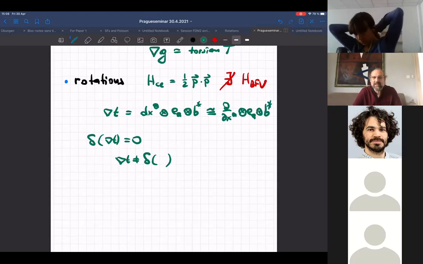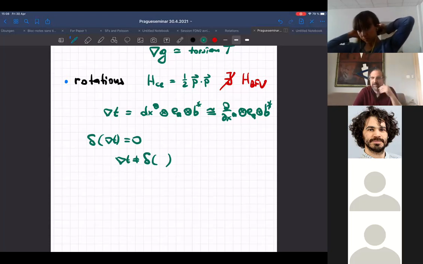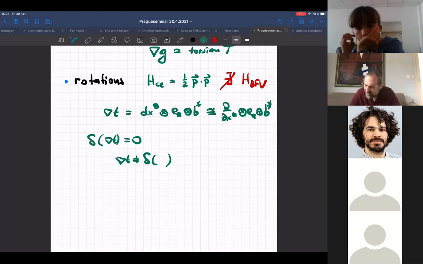The question was if this BFV charge is the right one, and it seems that the rotations suggest that. So if you look at the BFV charge in this example, let me see if I wrote it somewhere.